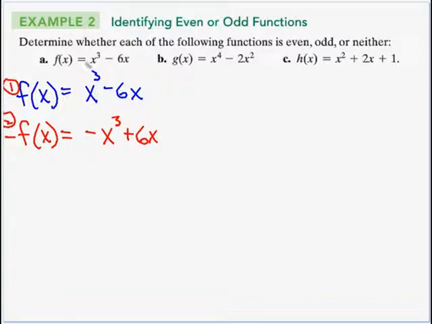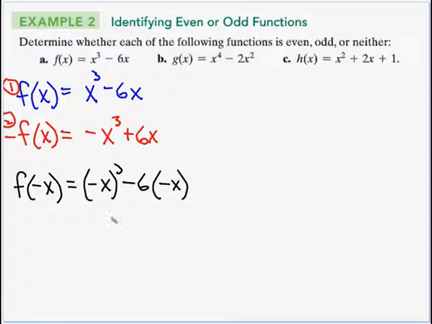Now the last thing I want to do here is run a negative through the original function. f of negative x: I'm going to replace this x with a negative x, so now that is negative x cubed. And I'm going to replace the x attached to the 6 with also a negative x. So what is negative x to the third power? That would be negative x cubed.